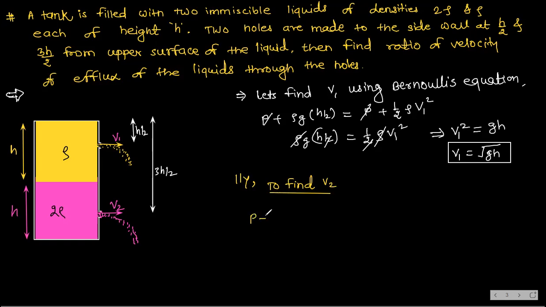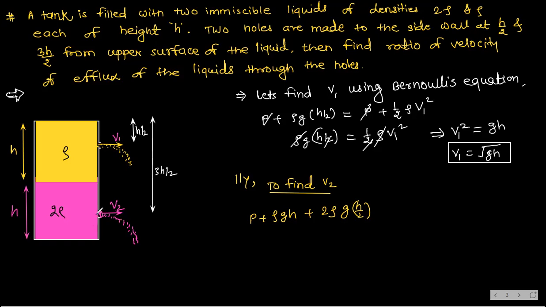P plus rho gh plus 2 rho into g h by 2. So first, the pressure due to the above liquid is rho gh, plus 2 rho, this is the density for this liquid, into g, and this hole is at h by 2 only.